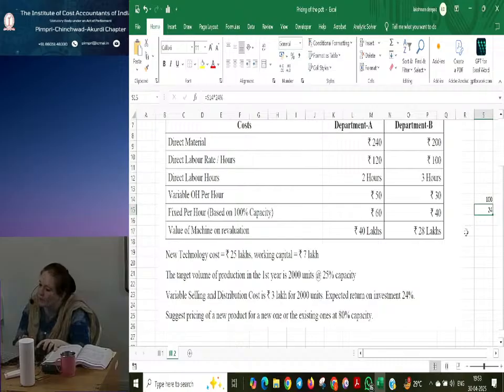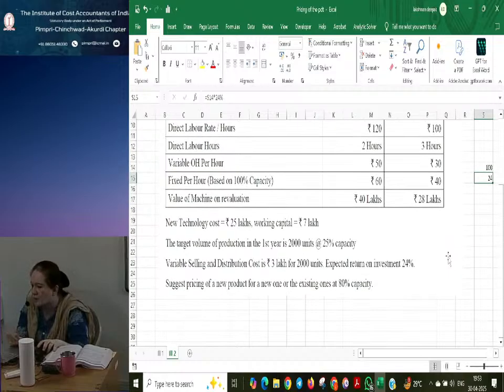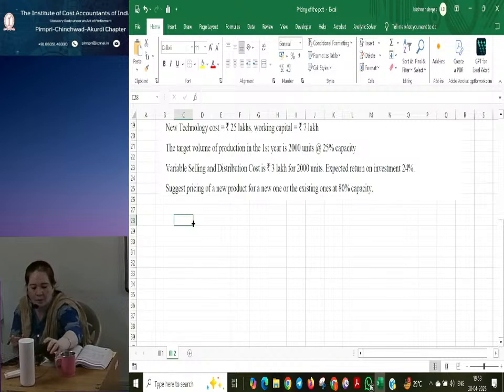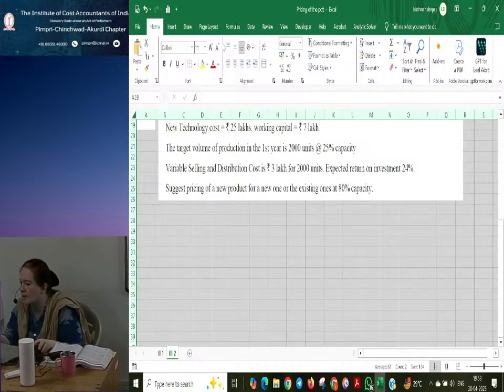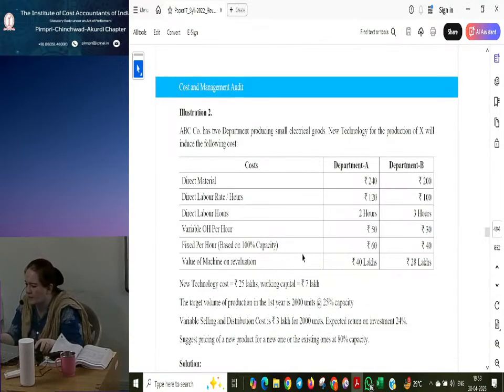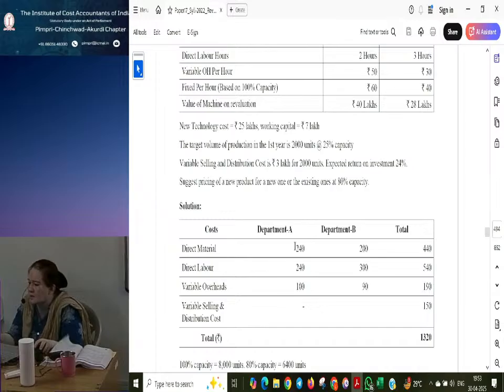So 24 lakhs, you know very well, is the expected return. But what about the cost? Let's calculate the variable cost per unit. Let me refer to the sum itself. Direct material 240 plus 200, 440.